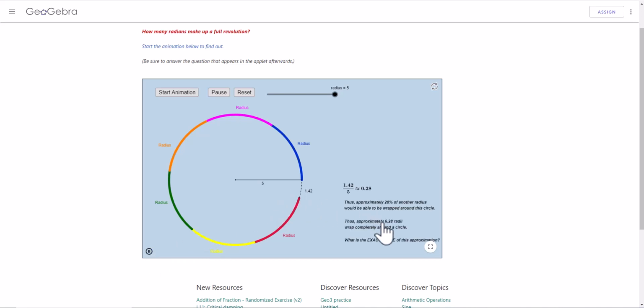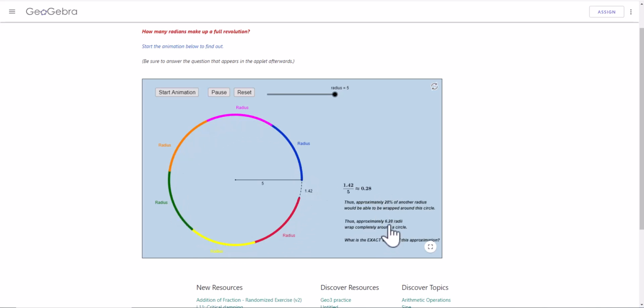All right. And it turns out that it did. There are 1, 2, 3, 4, 5, 6 radii. I had this length left over, right? That was a distance of 1.42. So how many radii would that be? Well, 1.42 divided by 5 gives me 0.28. So it's still going to take 6.28 radii to go all the way around this circle.